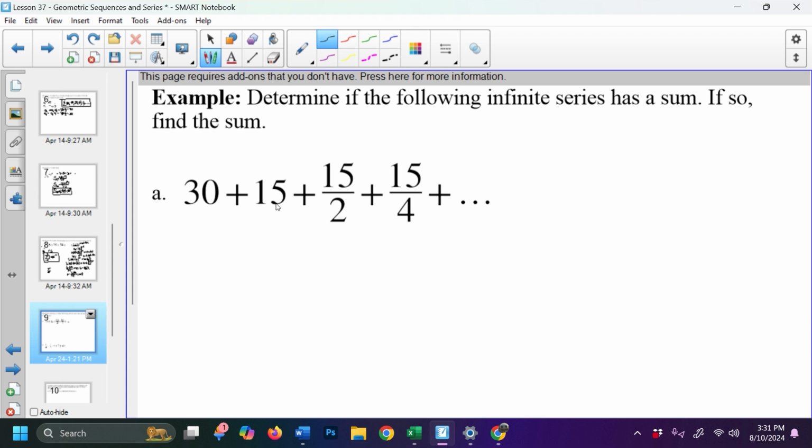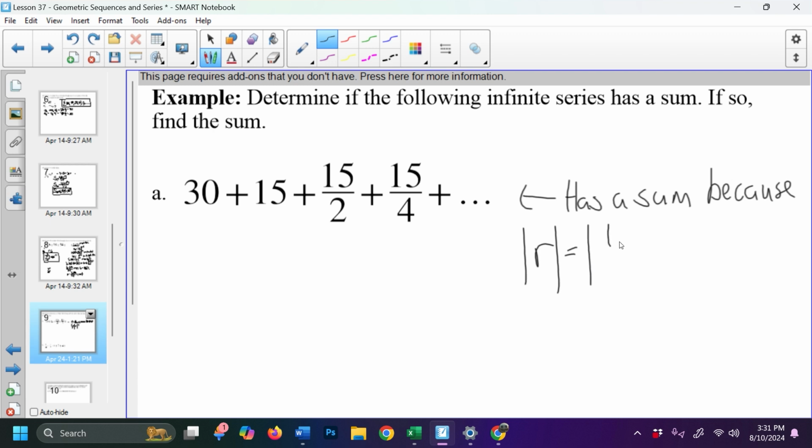Next, it says determine if the following. So if I look at this, 15 divided by 30 is a half. 15 halves divided by 15 is a half. 15 fourths divided by 15 halves is a half. So this thing has a sum because the common ratio, the absolute value of the common ratio, which is the absolute value of a half, is less than 1.